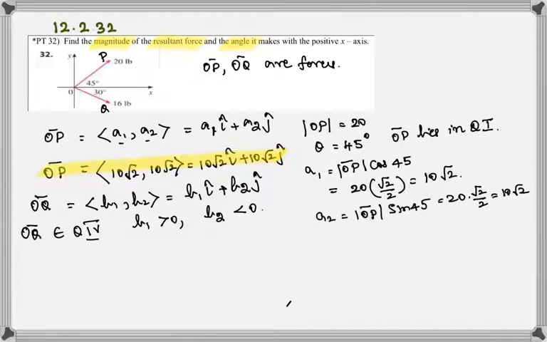Using the same trick, B1 would be equal to the length of the vector, which is 16, times cosine of 30, which is root 3 over 2, so 8 square root of 3.